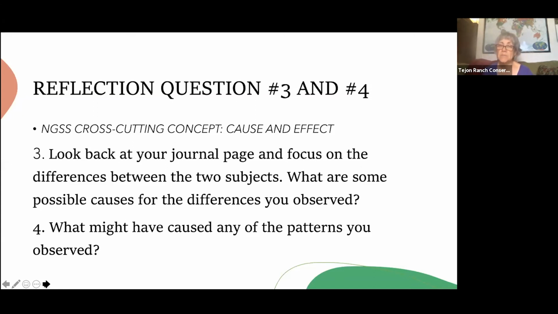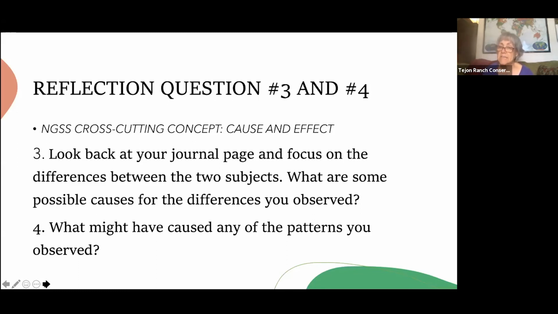What are some possible causes for the differences that you observed? This again, it's, I wonder what happened here. And you're going to write those could it be? Maybe a reason was this, or maybe a reason was that. So you're going to make it a complex answer to give a couple of different ideas of what might have caused those differences.